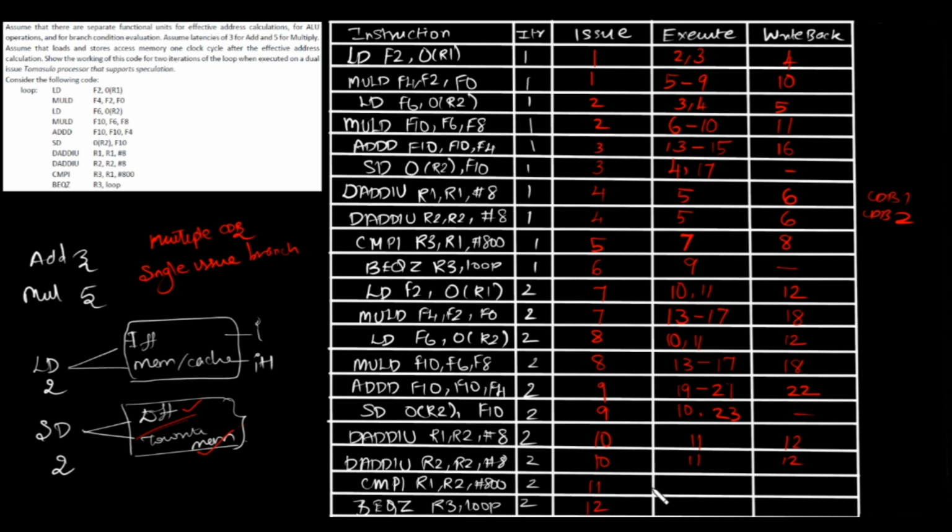So we'll have the 11th clock cycle issue. The compare instruction will be issued at the 11th clock cycle, and since it's dependent on R1, which is available only at the 12th clock cycle, we can perform compare at 13, and it write backs at 14, and the branch will get its execution started at 14, 15, and complete by 16.